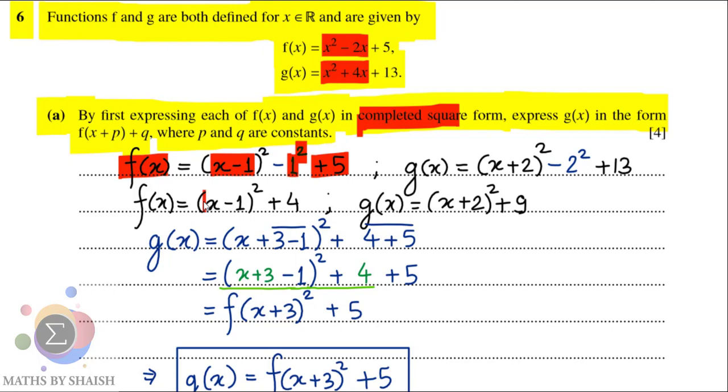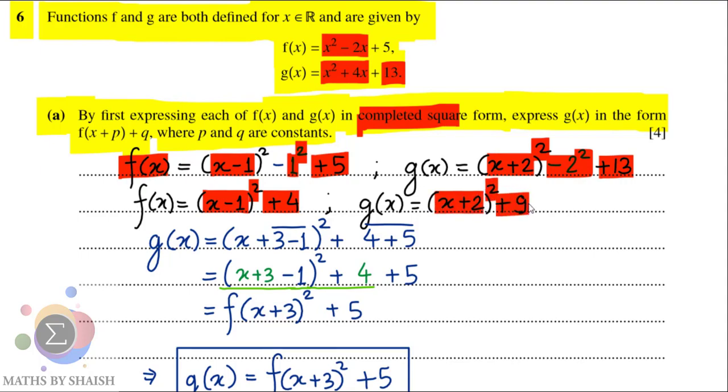So we got this as (x minus 1) whole squared plus 4. And similarly for g(x), it was x squared plus 4x, so x plus half of 4, so (x plus 2) whole squared minus 2 squared plus 13 is already given. And we simplify, we get (x plus 2) whole squared plus 9.